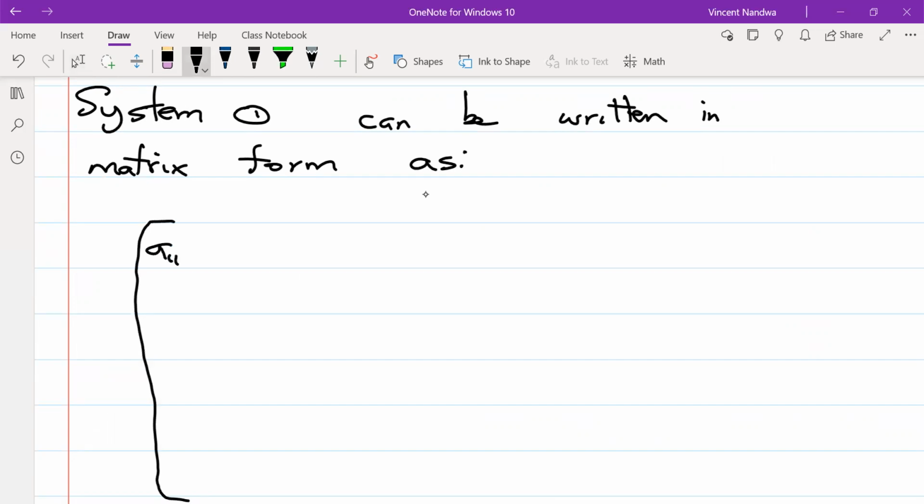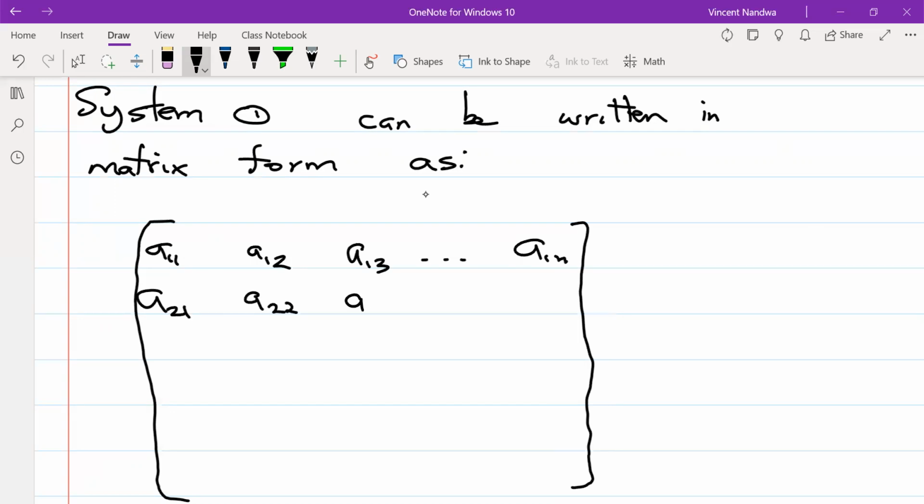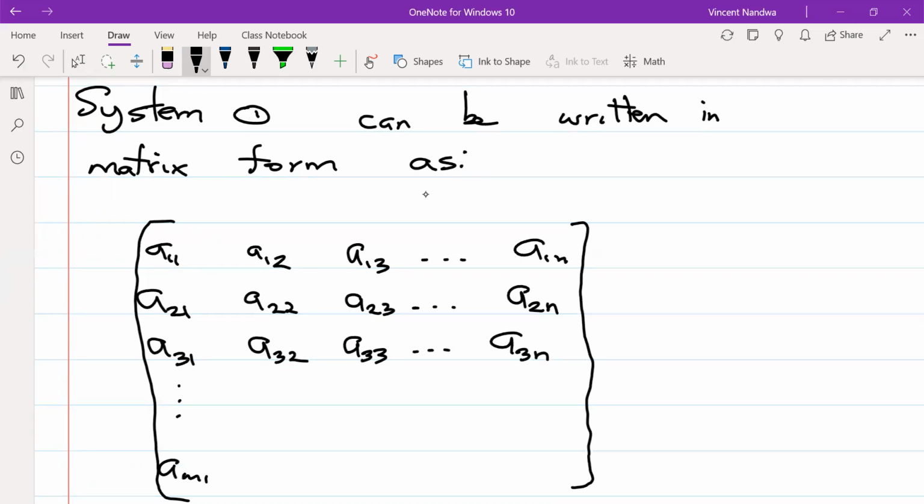So a11, a12, a13 up to a1n; a21, a22, a23 up to a2n; a31, a32, a33 up to a3n; all the way up to am1, am2, am3, up to amn.